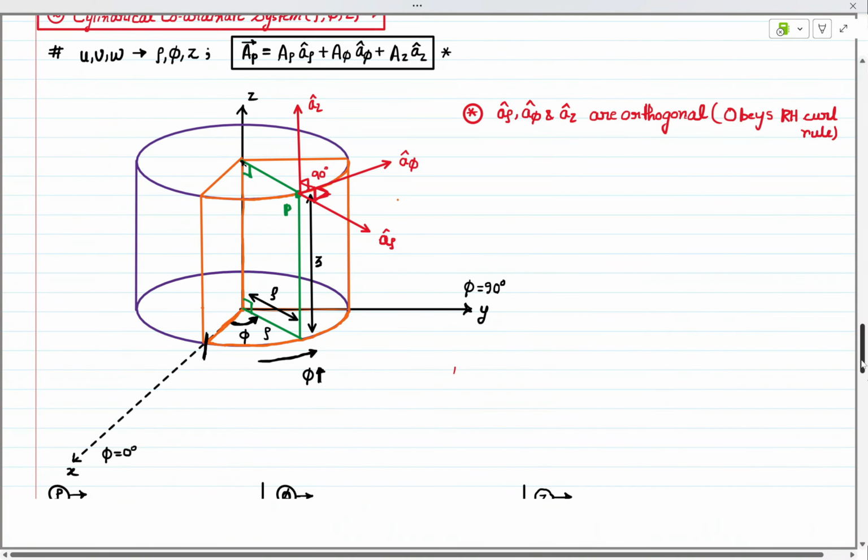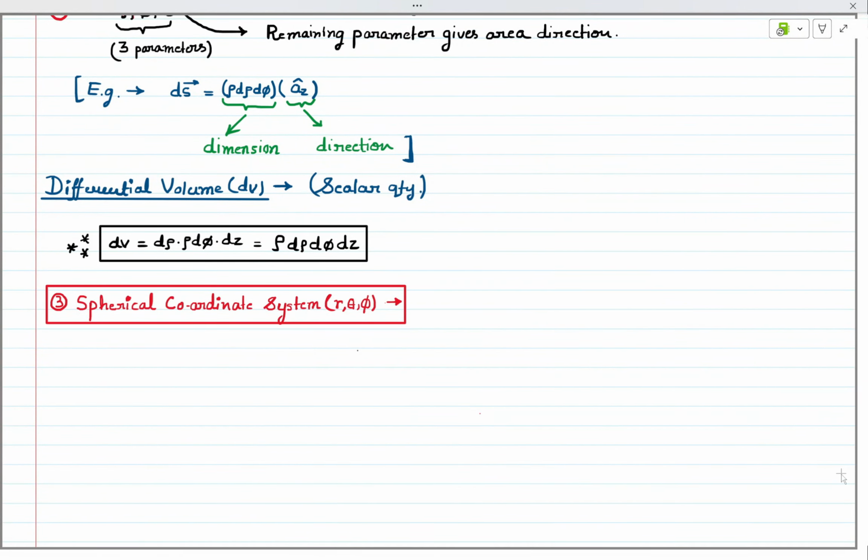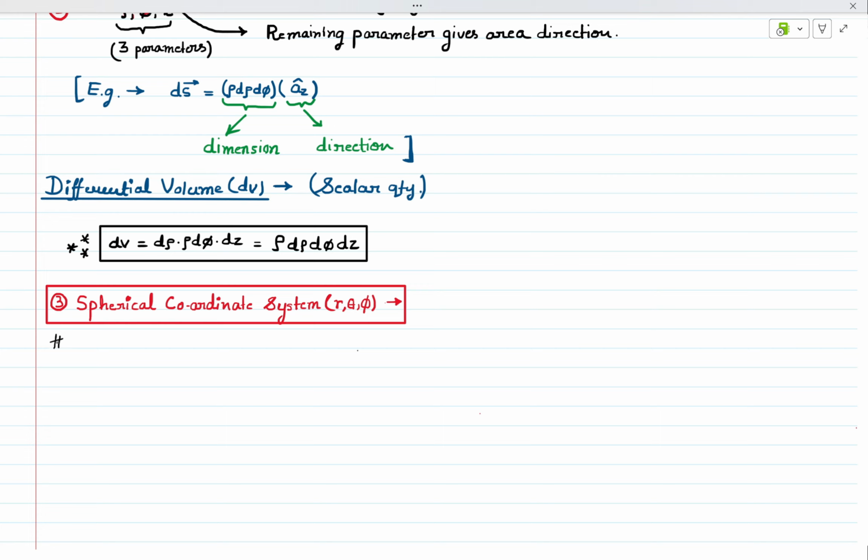And in the spherical coordinate system, we assign u, v, w as r, theta, and phi. Okay, so let me write this first. The parameters of the generalized positional vector AP, that is the u, v, w, have been denoted by r, theta, and phi respectively.